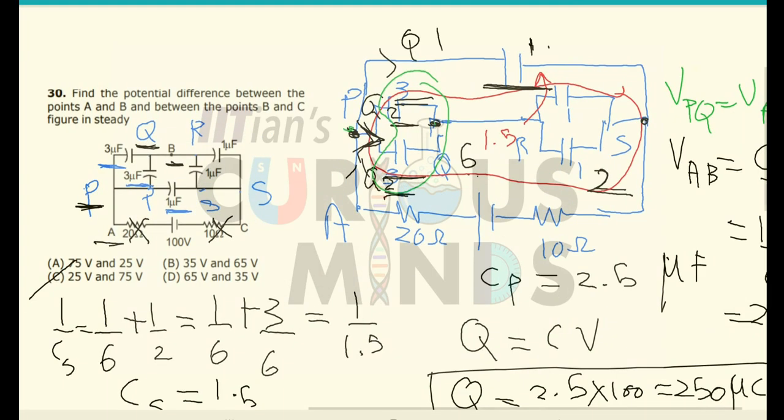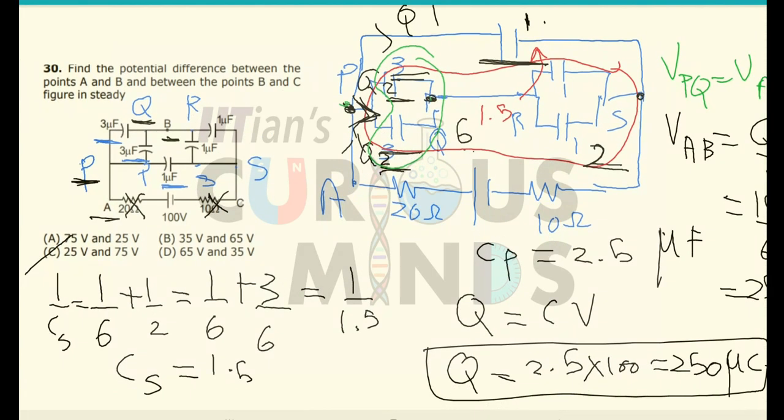Now they have asked what is the voltage across B and C. The point B is itself equal to point R, and point C is itself equal to point S. So they have basically asked the voltage across this point. If in this section the charge is equal to Q2, then in this section also it will be equal to Q2.